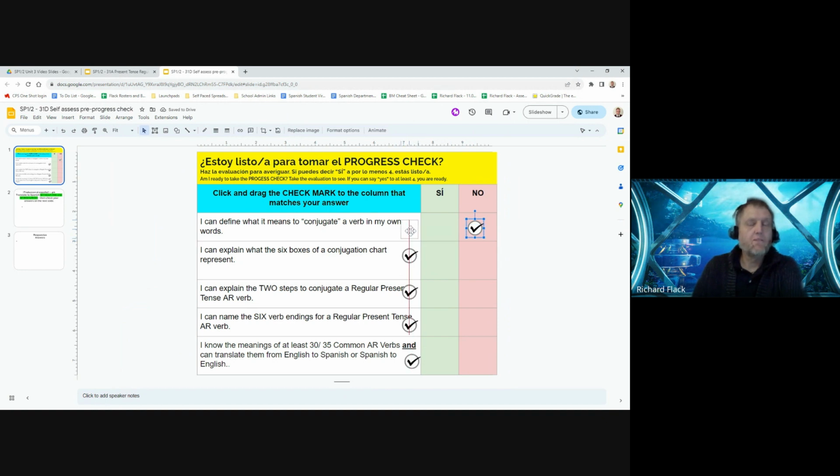So if you haven't done that, pause the video and do this self-evaluation. I want you to do this so that you can see where you're starting out, and then at the end of the unit, or at the end of the level, how much you have grown, and also to self-assess and make sure you're ready for the progress check at the end of the level. So again, if you haven't done that already, pause the video.